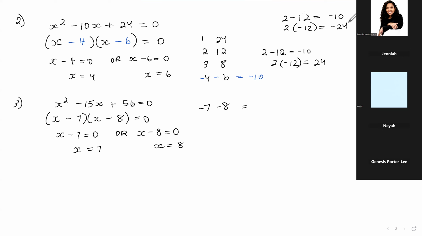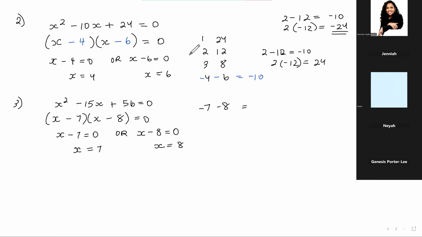If you're saying 2 take away 12, then there would be +2 and -12, and +2 times -12 is -24. But we want to get +24. So that's why 2 and 12 can't work, right? And even if you look at it the other way, 12 take away 2 is +10. So that wouldn't work because we need -10.